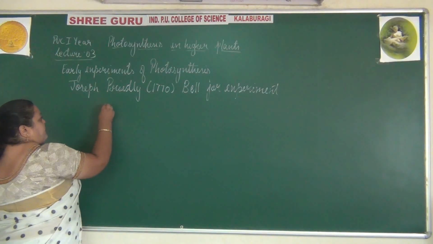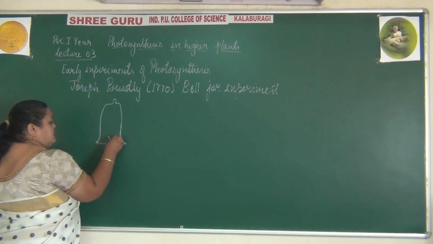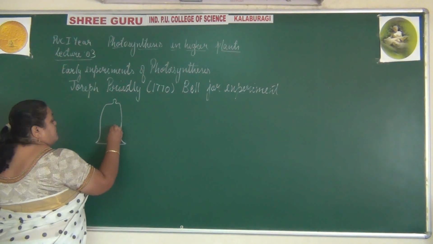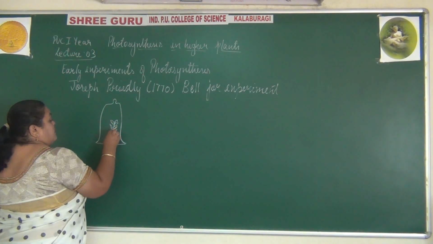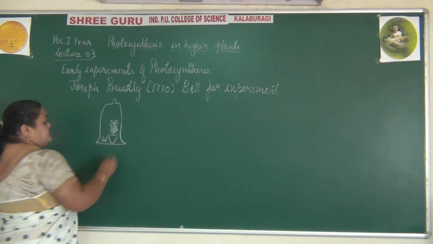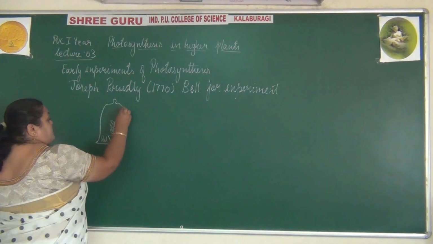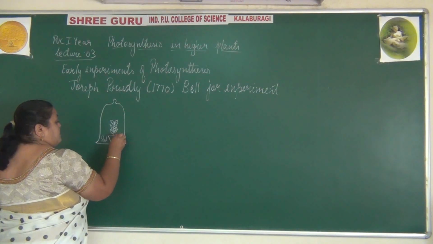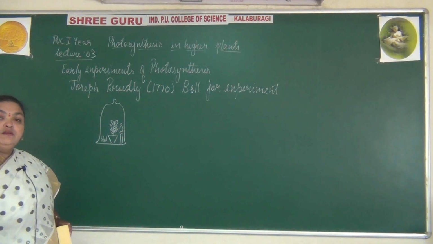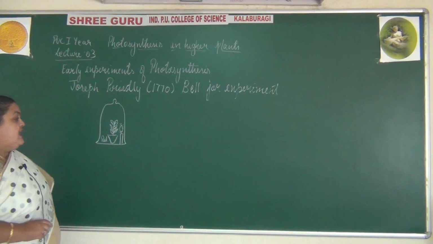He used a bell jar, a mint plant, a living mouse or a rat, and a candle.